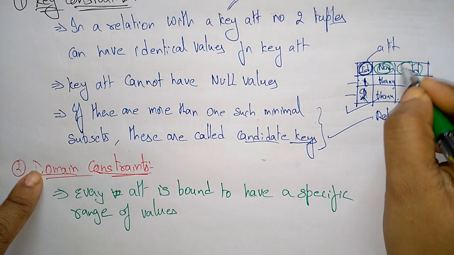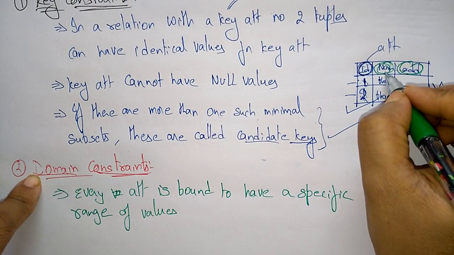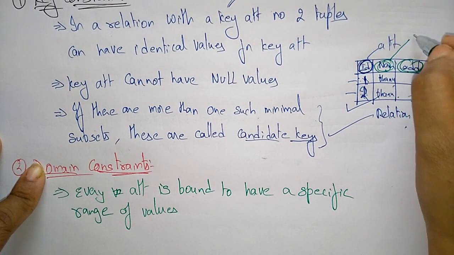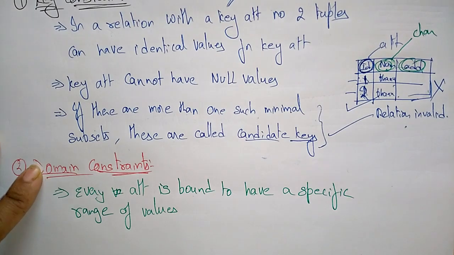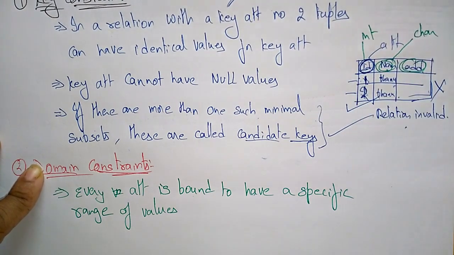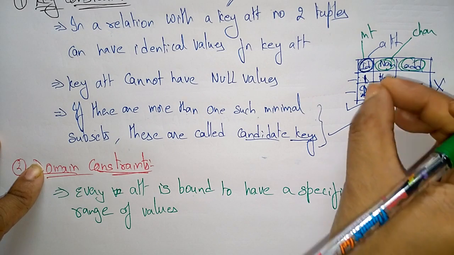Whatever the attributes, the fields present in a table, those fields should have a specific range. Suppose the name should only hold characters, and the ID only holds integer values. It is bound to a particular, specific range.